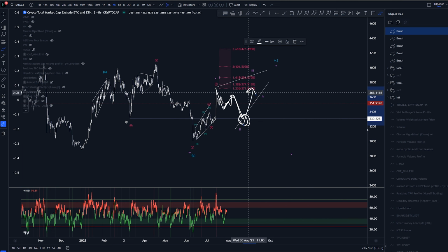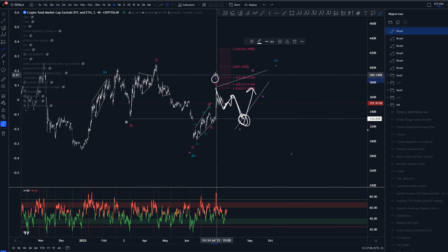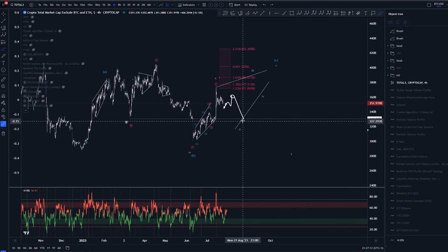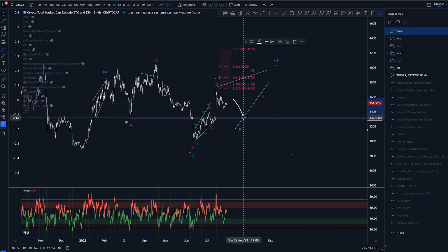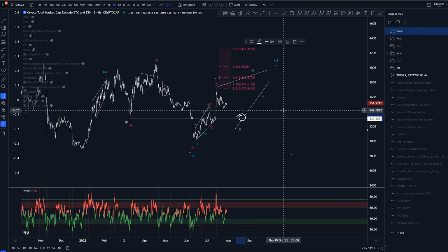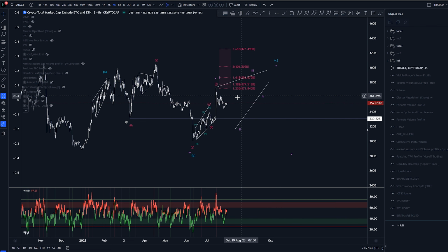And this long again fits into the idea of this being the third wave of this wave X. So two scenarios: going up once, and if we pivot down here, this area is my interest. But that is, of course, trying to look into the future a bit.